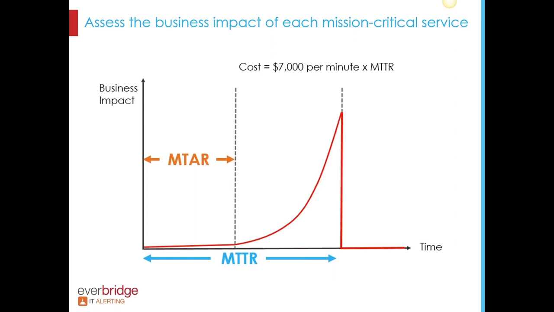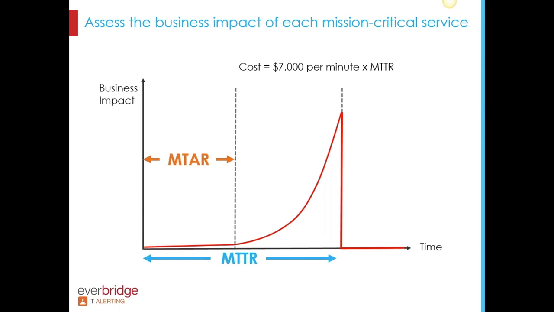The second thing you want to do is to assess the business impact. For each business service, each mission-critical service, find out how long an application can be down before they start impacting the business.